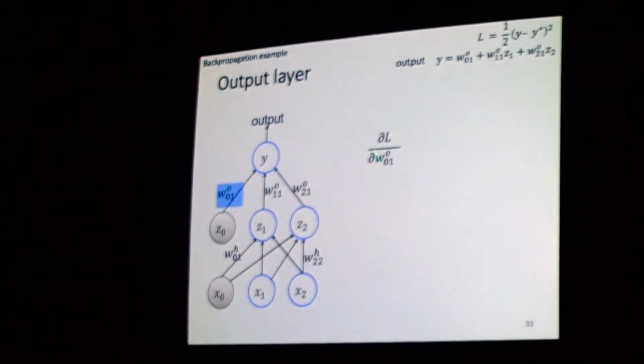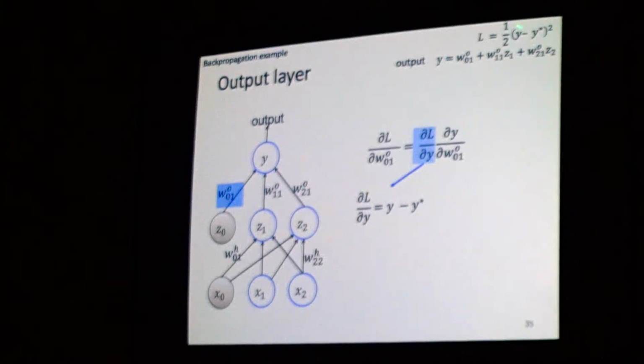So now to apply the chain rule, we first compute partial L over partial y, and then partial y over partial W010. What is partial L over partial y? y minus y star. Yeah, exactly. Just take the derivative of this square term. It's pretty straightforward.